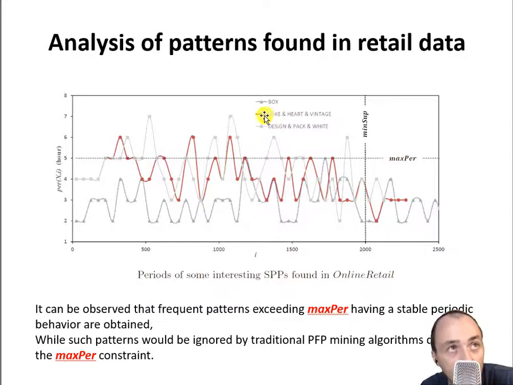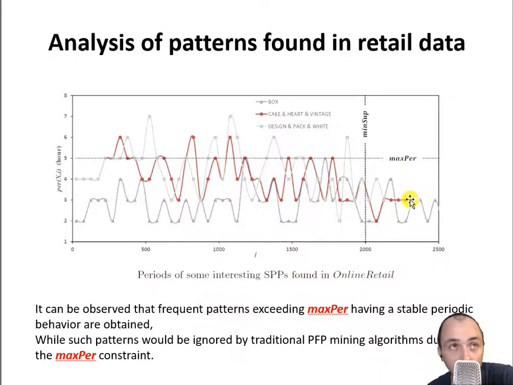Now, if you look at cake and heart and vintage, another set of products, the red line, here is periodic, below the maximum, but here it exceeds a little bit, then is below again, exceed a little bit, then below again, exceed a little bit, and so on. So this pattern is interesting because the traditional algorithm will say it is not periodic.